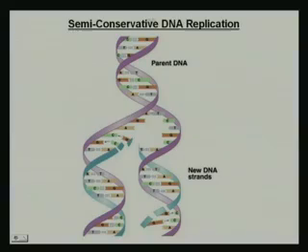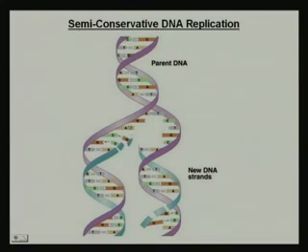Now, if we are talking about this semi-conservative DNA replication, then this is the parent strand, and first it gets unwound. Now, one is the 3 prime to 5 prime, another is 5 prime to 3 prime. So, anti-parallel to each other.